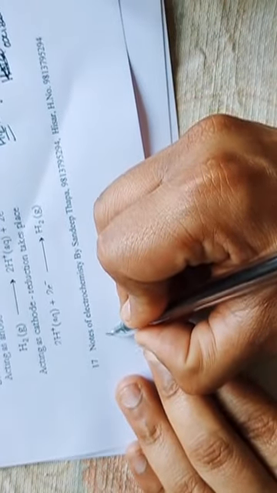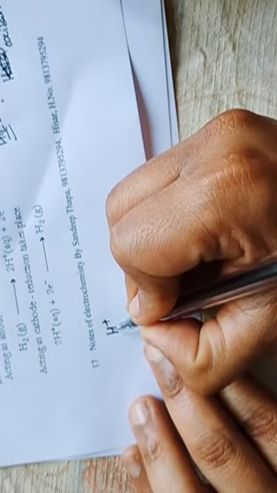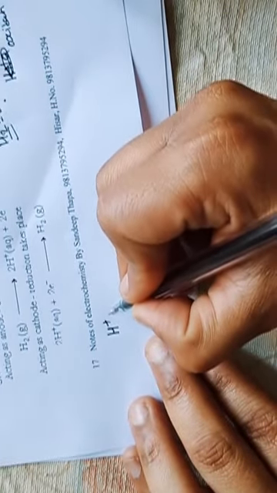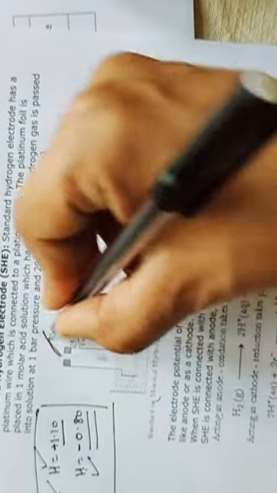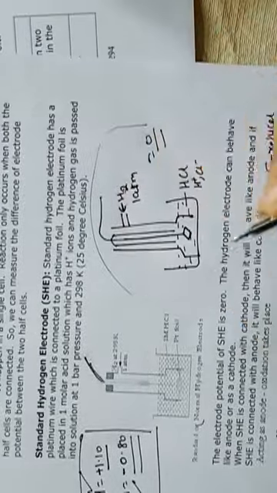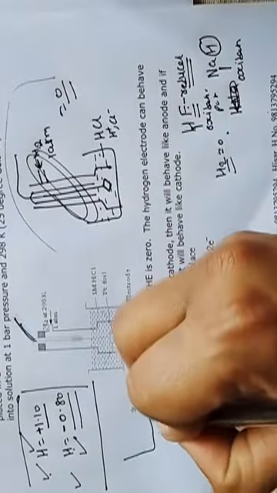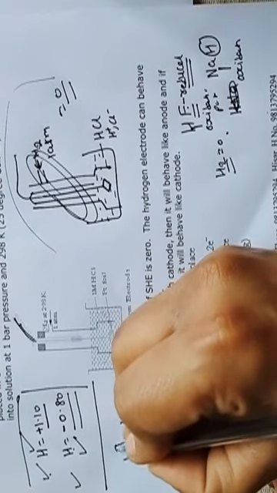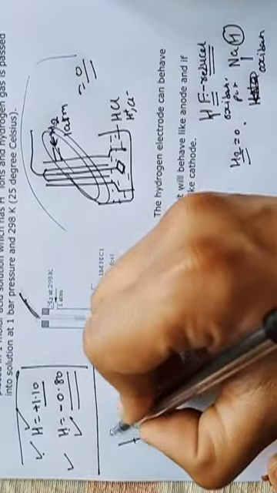It has HCl. HCl produces H+ ions. Now if you join this SHE with any electrode, like I am making a half cell here, we don't know if it is the reduction half or the oxidation half.